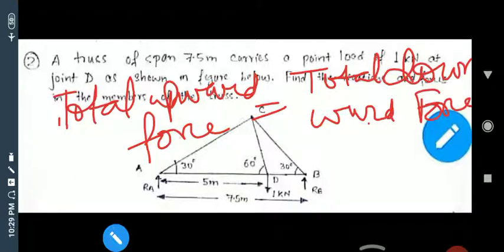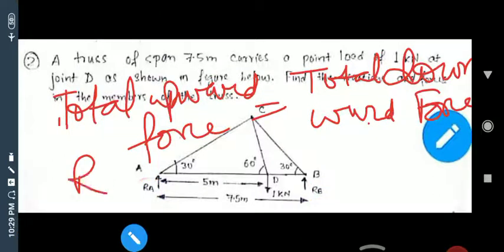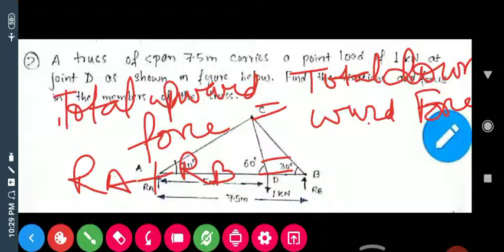So how many forces are acting in the upward direction? RA and RB are acting in the upward direction. So the sum of forces in the upward direction is RA plus RB. And how many forces are acting in the downward direction? It is only the 1 kilonewton force which is acting in the downward direction.